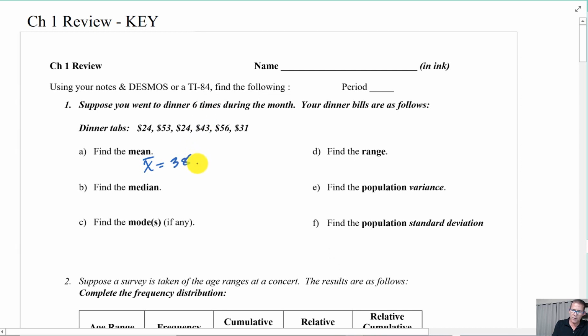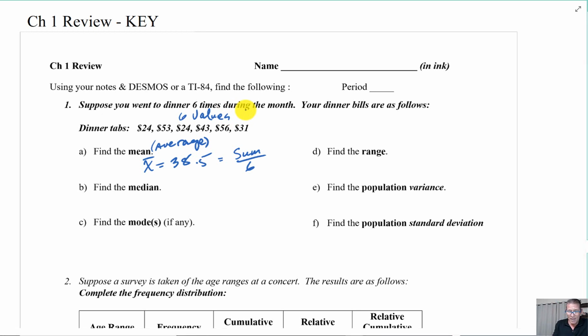So 38.5, that's the average. The average is the mean. Okay, so if you sum them up, this is the sum divided by 6. All right, 1, 2, 3, 4, 5, 6. There are 6 values. Okay, you would get the mean. All right, but Desmos does it for you, so might as well let it do the calculating.